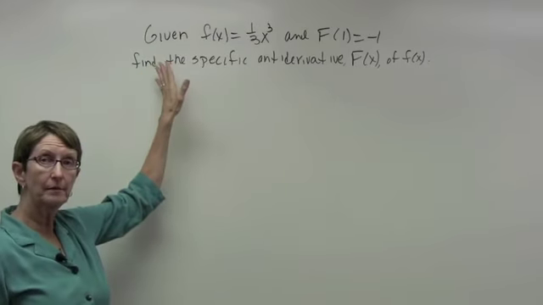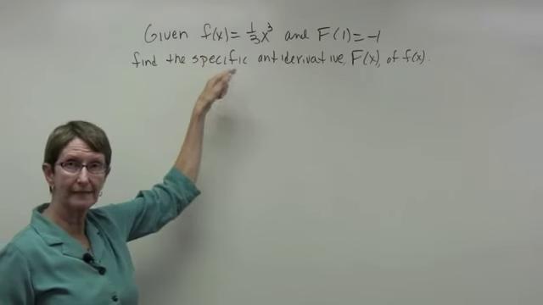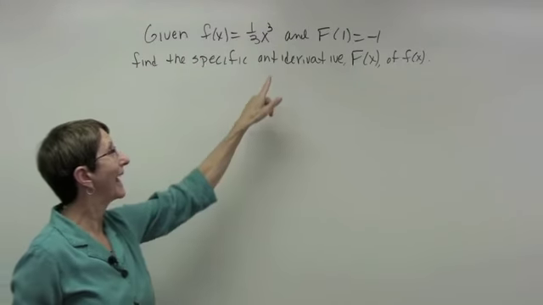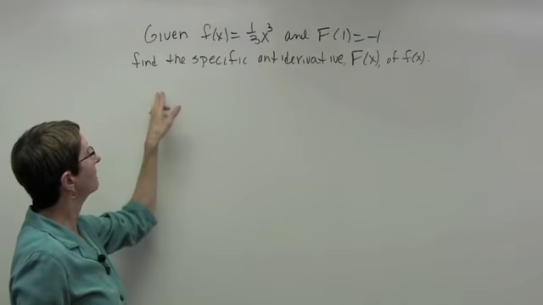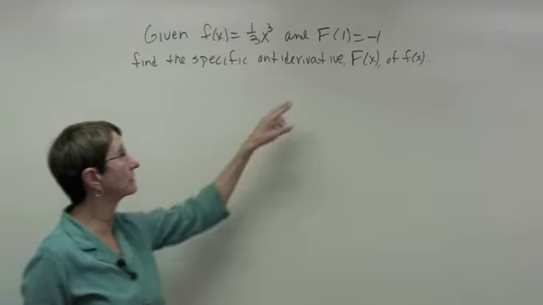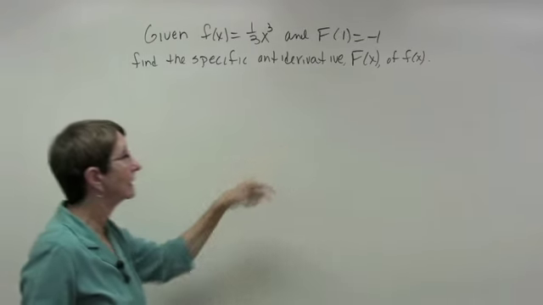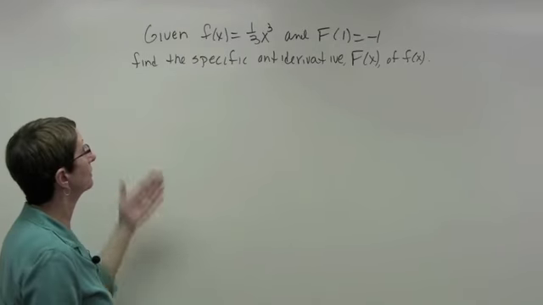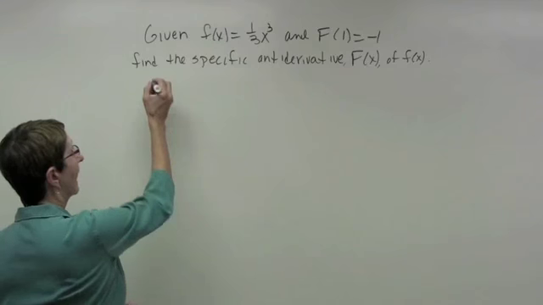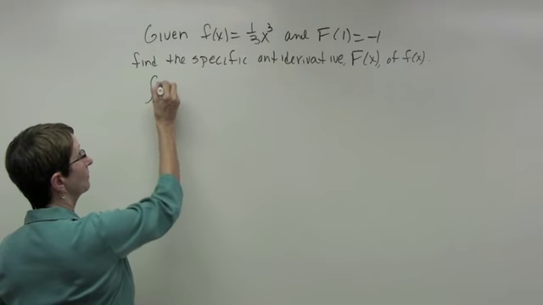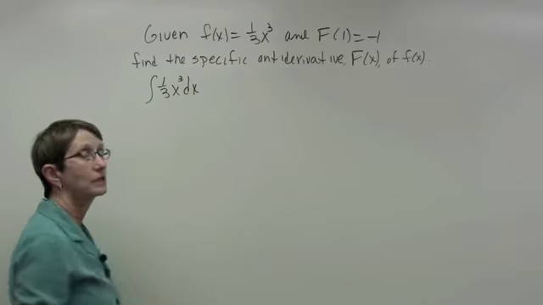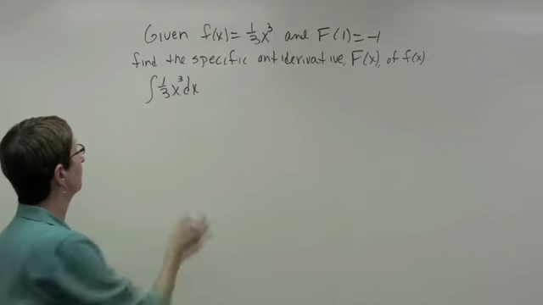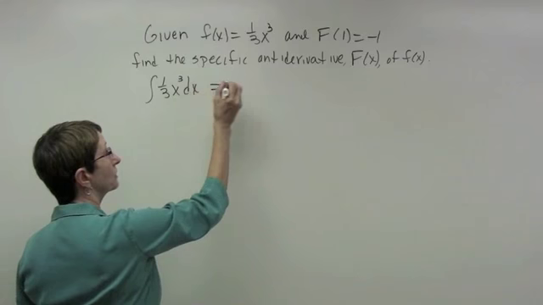Here we have the problem given little f of x equals 1/3 x cubed and capital F of 1 equals negative 1. Find the specific antiderivative, capital F of x, of little f of x. So if it says find an antiderivative, I can use the indefinite integral of 1/3 x cubed dx to find my F of x. 1/3 is a multiplier.